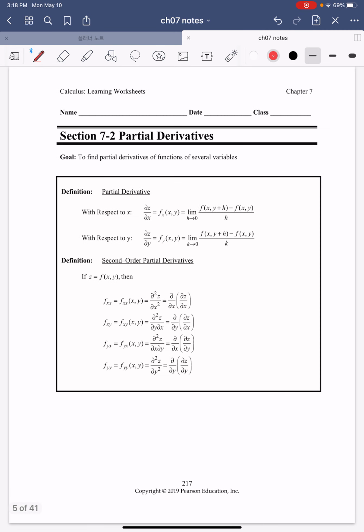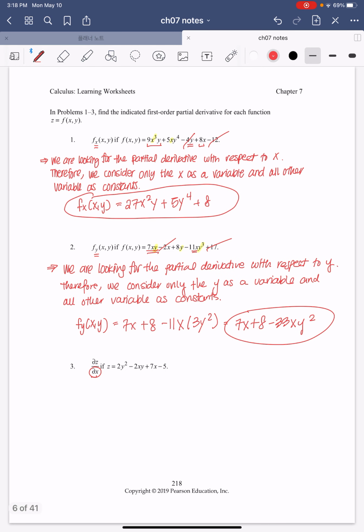dz dx is the same thing as f of x. We are taking the derivative with respect to x here. So this means take the derivative with respect to x. Okay. With respect to x means my y variable will be constant. So I'm going to highlight the x. Let's take the derivative.